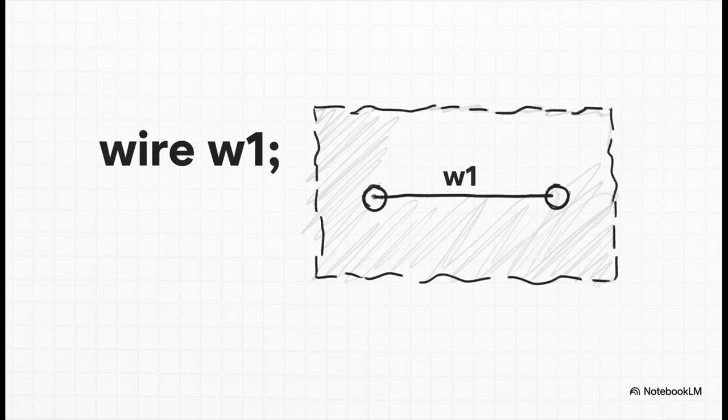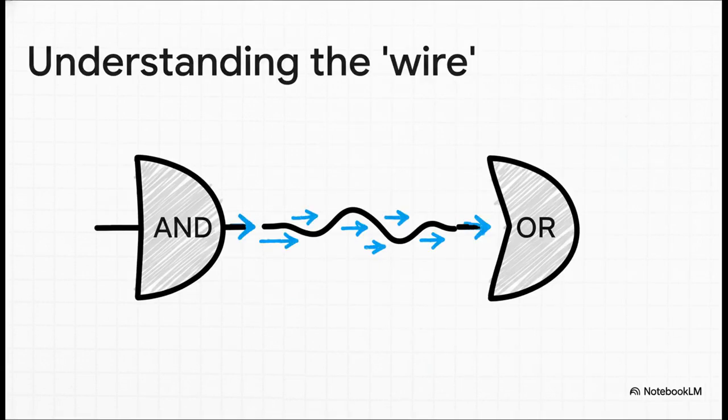Let's name it W1. And this is a really important concept to get right. See, a wire in Verilog isn't like a variable in software that just stores a value. No. It represents a literal physical connection that's going to carry an electrical signal from one component to another. It's the digital glue that holds our whole design together.